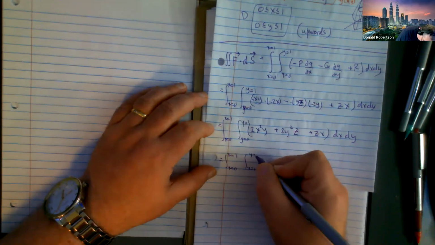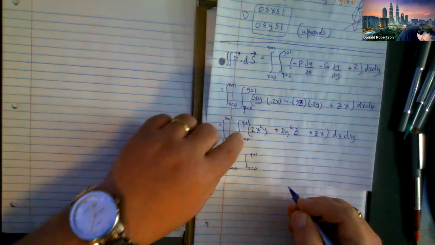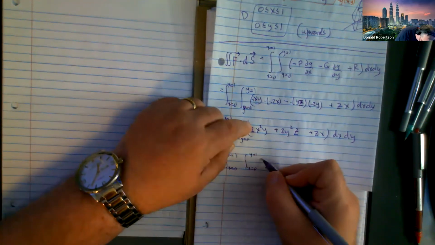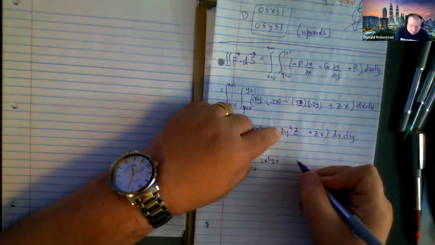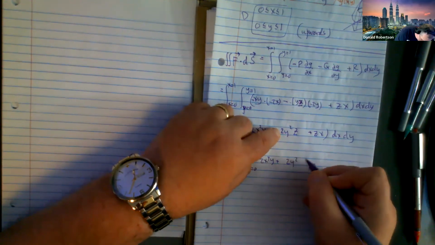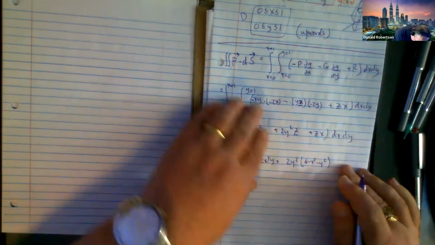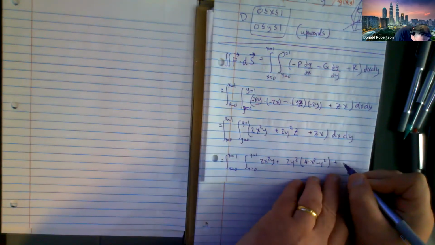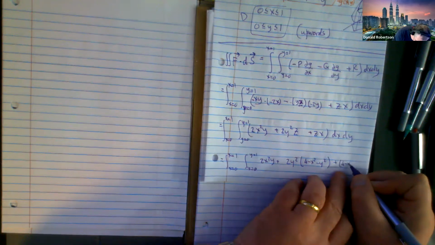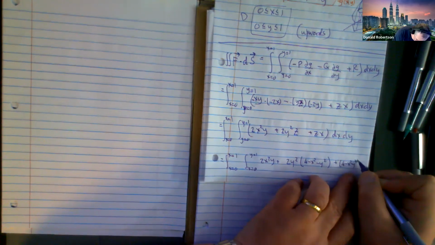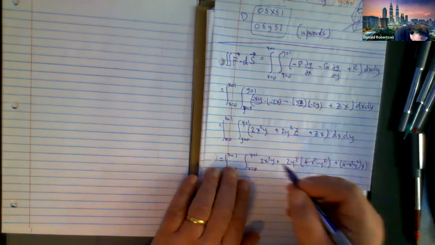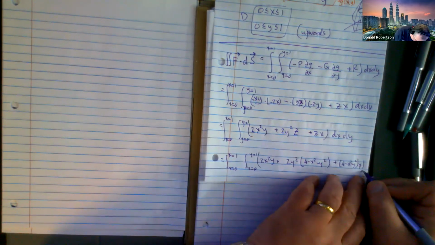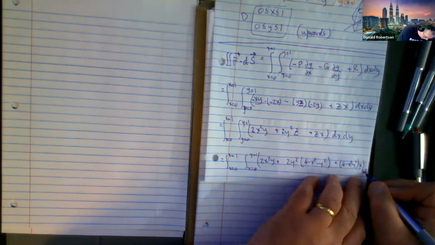This guy has to be turned into 2y squared, and z is replaced by this fella up here that you can't see anymore, which is 4 take away x squared take away y squared. And zx becomes that fella times an x, with a dx dy crushed in there. Almost there.